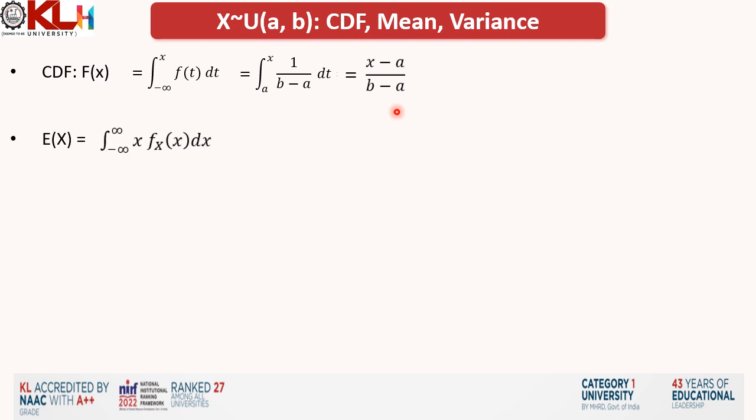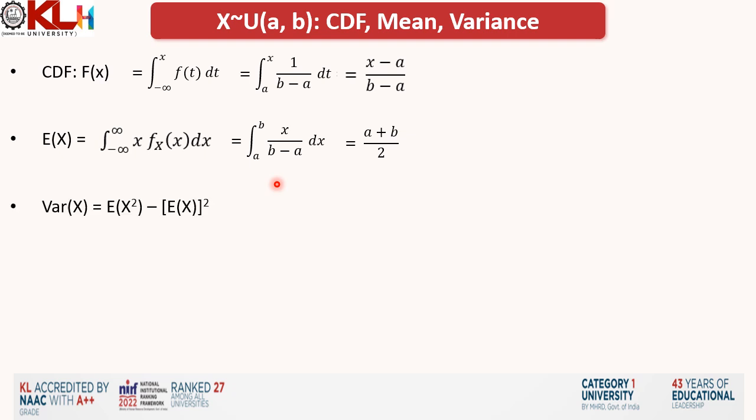The expectation or the mean for a uniform random variable is the integration over the limits a and b of x divided by b minus a. So this will give you a plus b over 2.